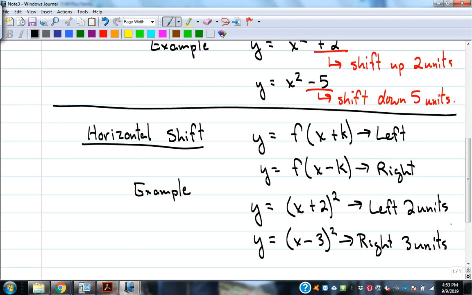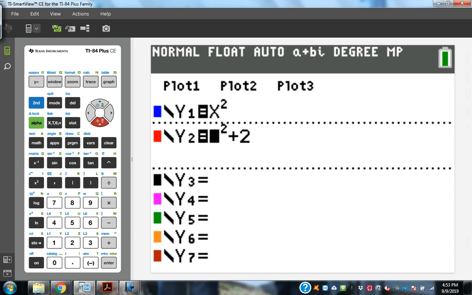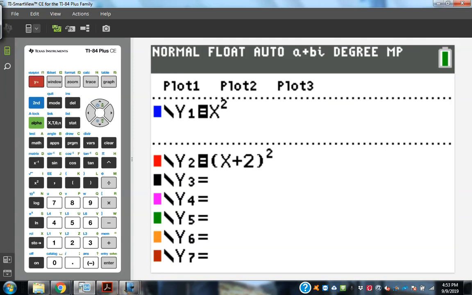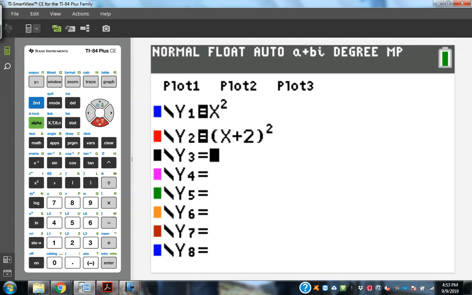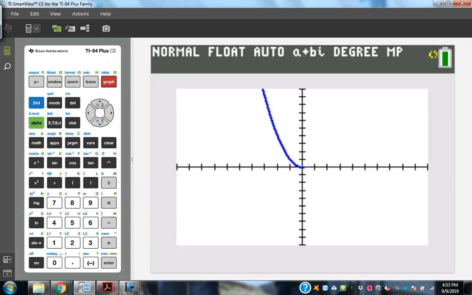And again, you could go to the graph and get the same answer. So we've got the parent function still x squared, but if I do parentheses x plus 2 squared, we should see that moving to the left 2 units, right? And then if I did, instead of plus 2, a minus 3 in there, you should see that show up 3 units to the right.